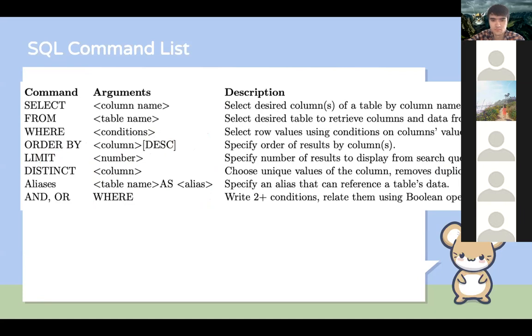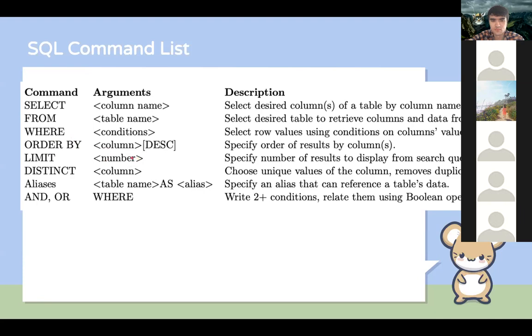So let's say, for example, I want to select all the columns of a specific table, but I want to limit them to the top 5. So what SQL does is it collects all the rows, and then once it sees that limit keyword, it starts from the top and counts down all the way to the number you provided here. Okay.